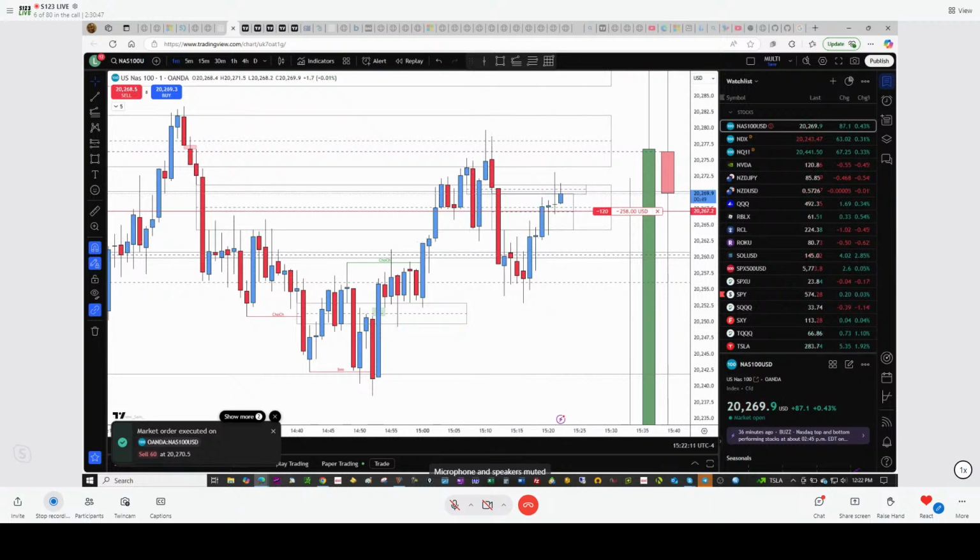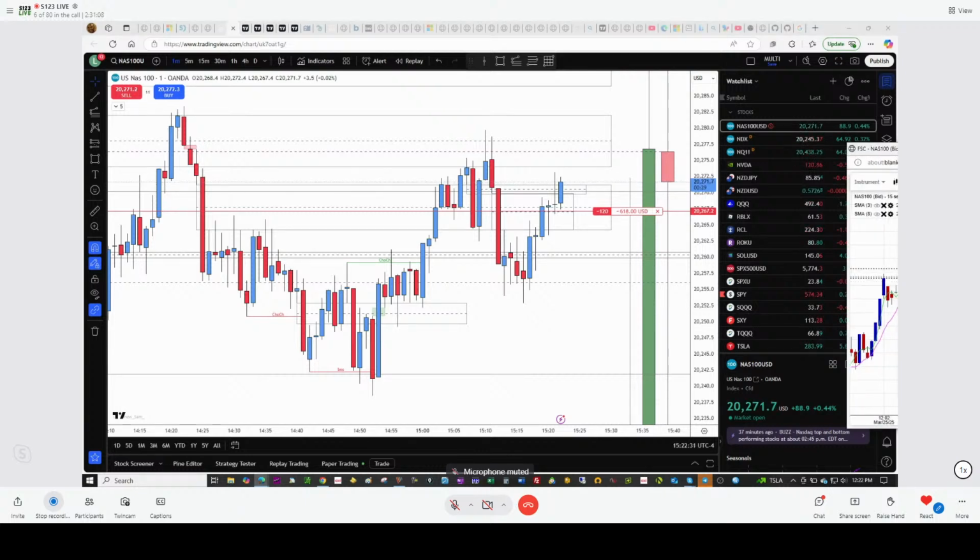The left leg down from the high to the first bottom area is 5 waves when I look at it on a tick chart. And now I have 1, 2, 3, 4, 5 going up. Yeah, that's right.